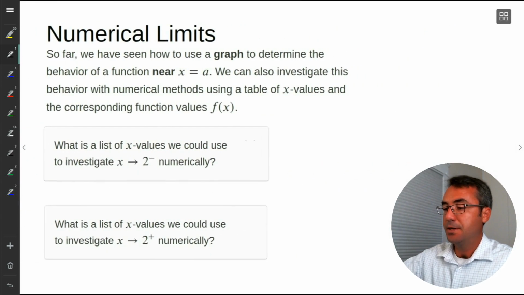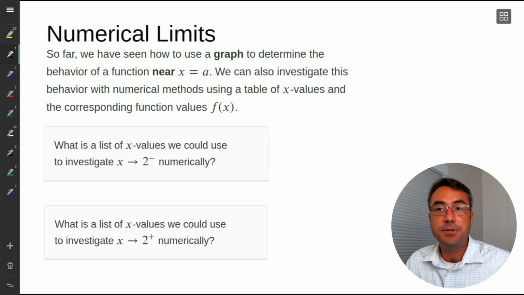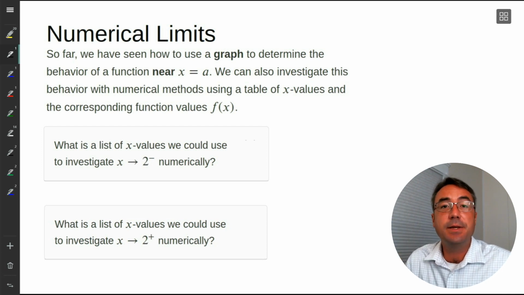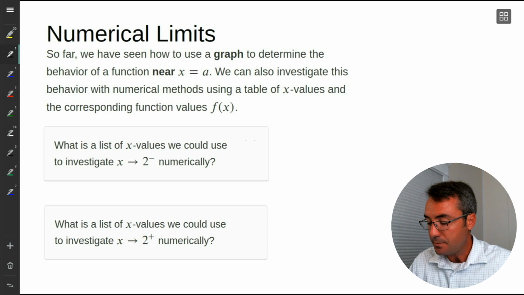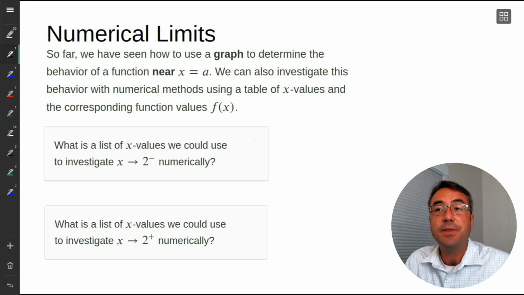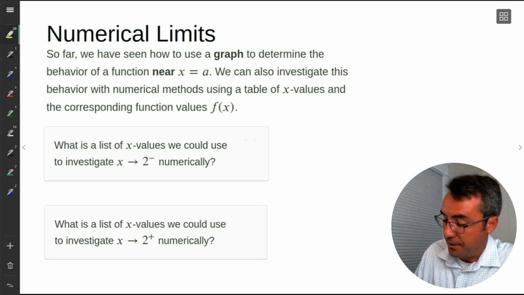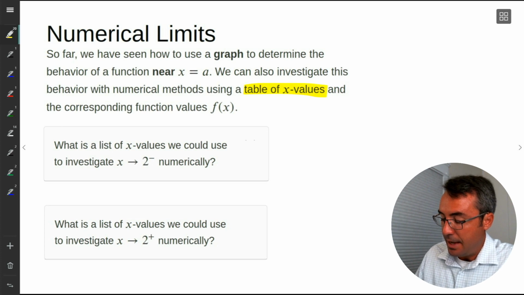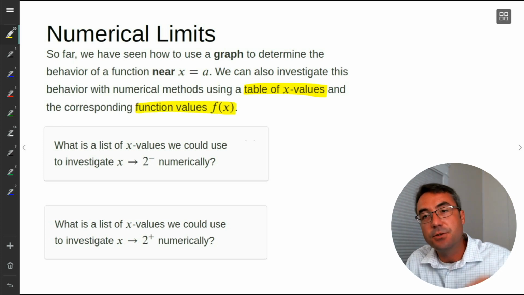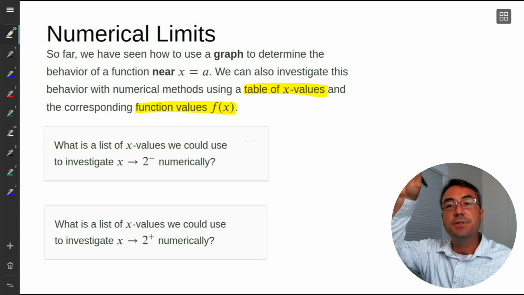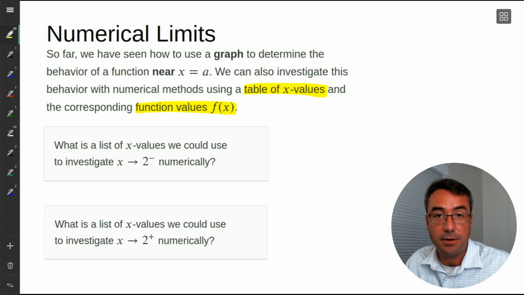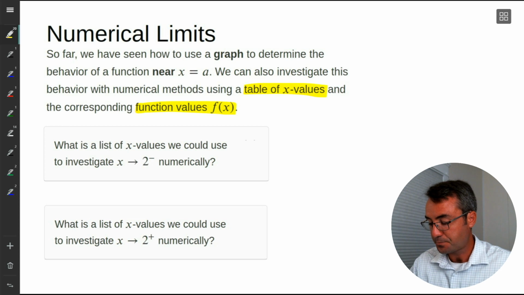All right. So that's the idea for graphical limits. Now, we also want to be able to investigate limits numerically. And that's usually with a table of x values and then their corresponding function values. So normally it's one column of x values and then a column of function values.